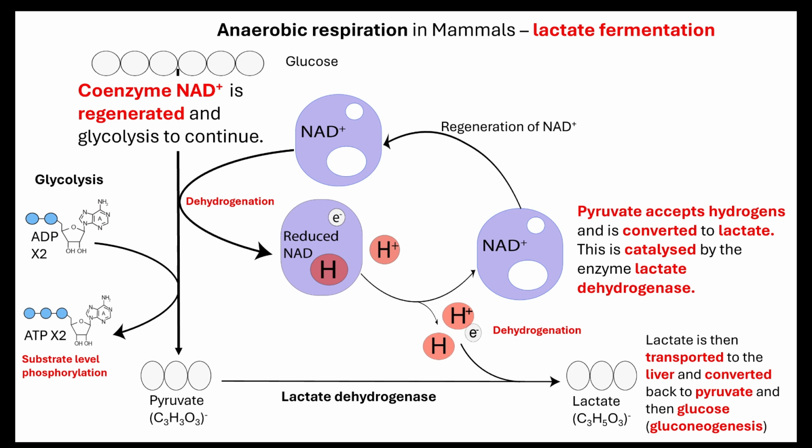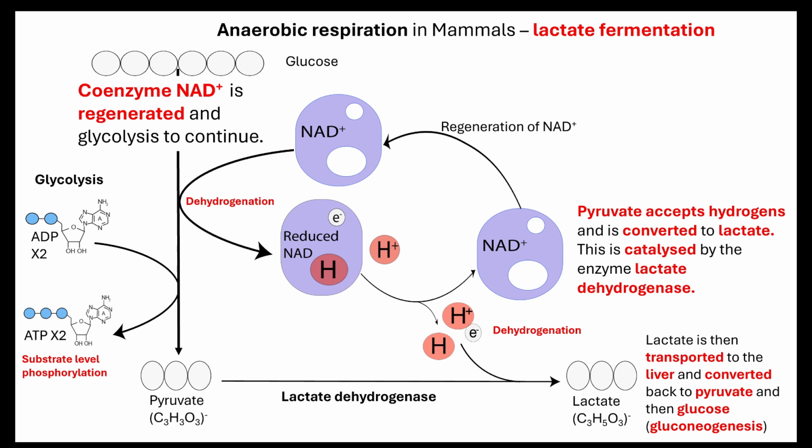Because we are converting glucose from a pyruvate and from a lactate molecule, we are producing glucose from another substance. So that happens at the liver, and that happens when there is enough oxygen present.